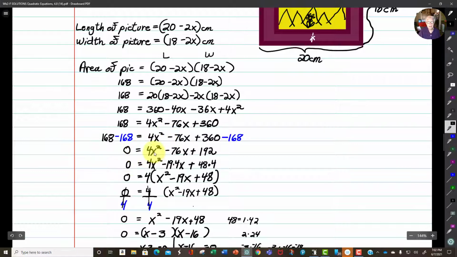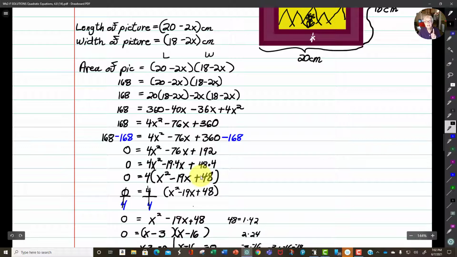So we have 0 equals 4x squared minus 76x plus 192. I notice that there's a 4 in each of these terms. Negative 76 is negative 19 times 4, and positive 192 is 48 times 4. I pull 4 out as my GCF, and the leftovers are x squared minus 19x plus 48.